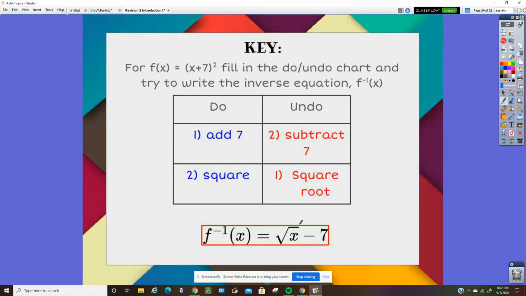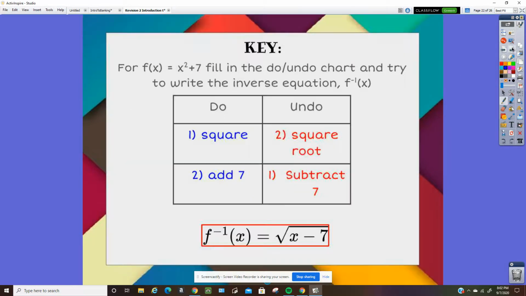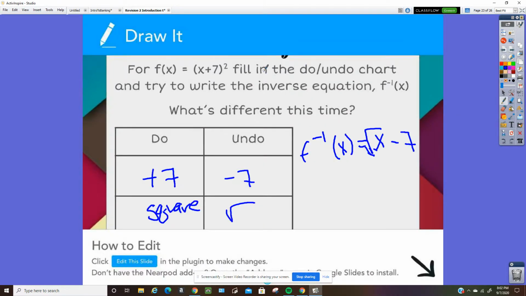So this, once again, this subtract 7 is not under the radical. So the difference between those two, this one had no parentheses around, you squared first. And then the second example, you added 7 first.